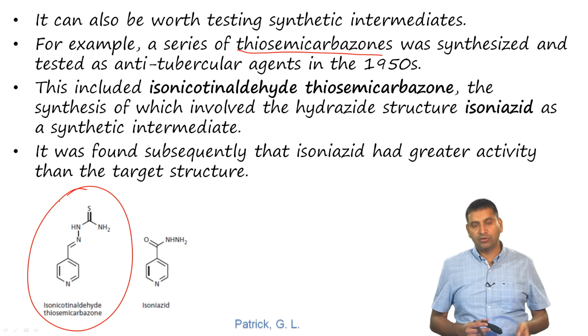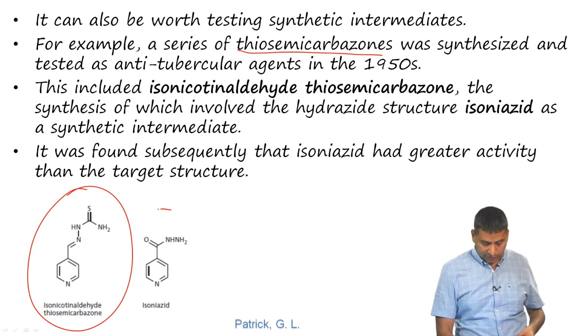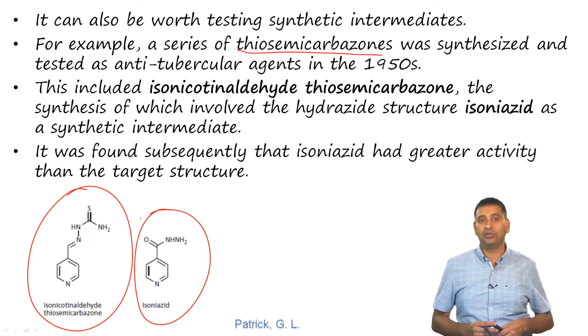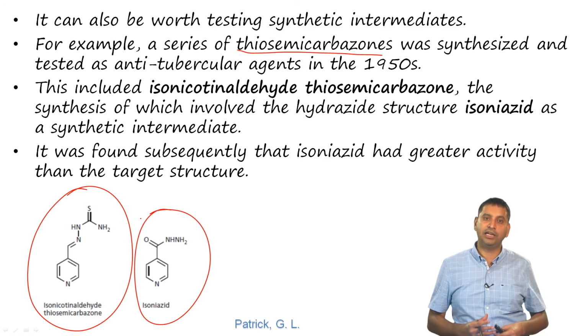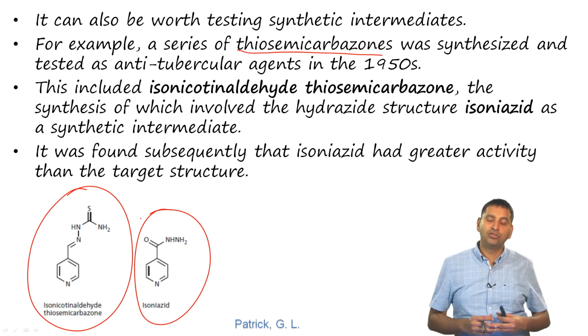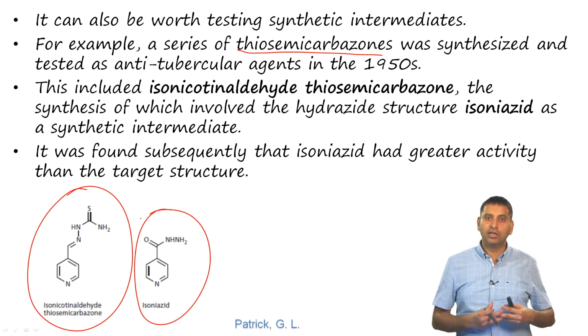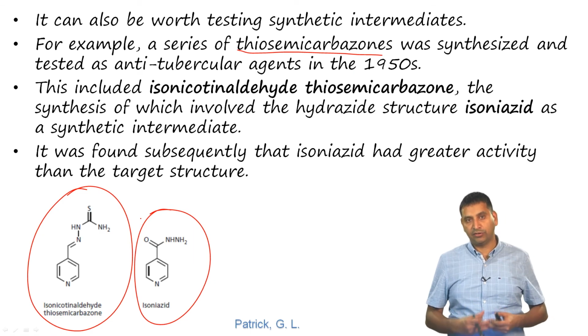The synthesis of this compound involved this intermediate, which was subsequently named isoniazid. And isoniazid, as we know, is one of the frontline drugs against TB, and it was first made as a synthetic intermediate. Once isoniazid was found to have greater activity, it became a great example of why you would want to screen synthetic intermediates for activity as well.